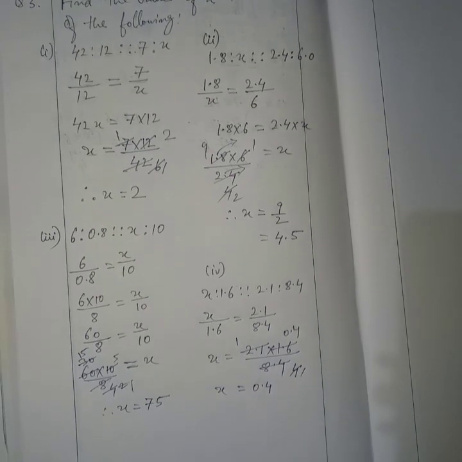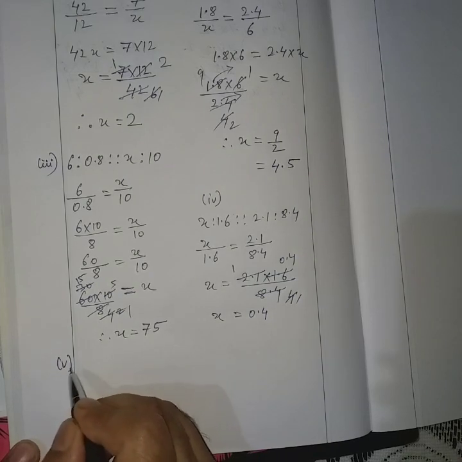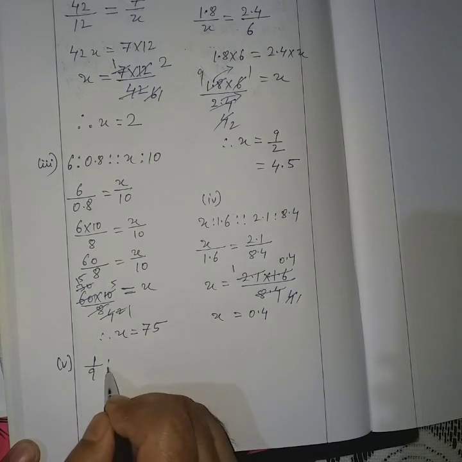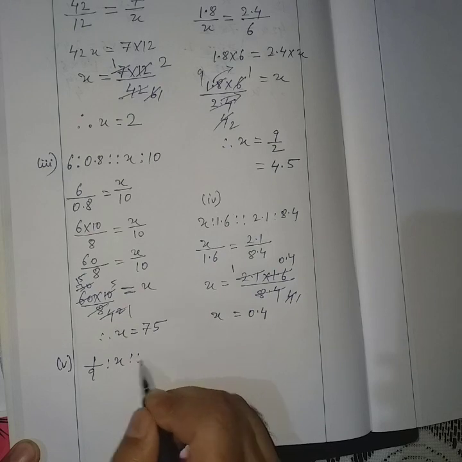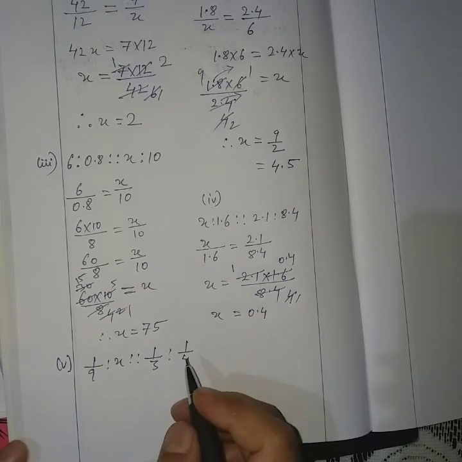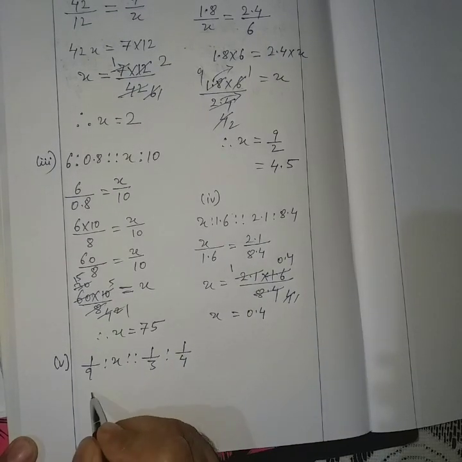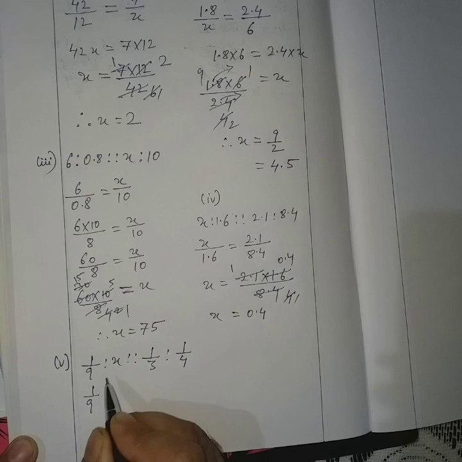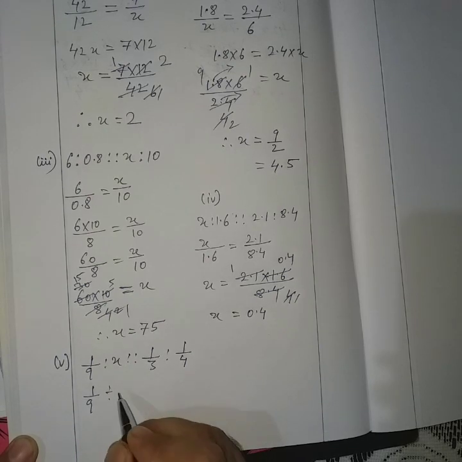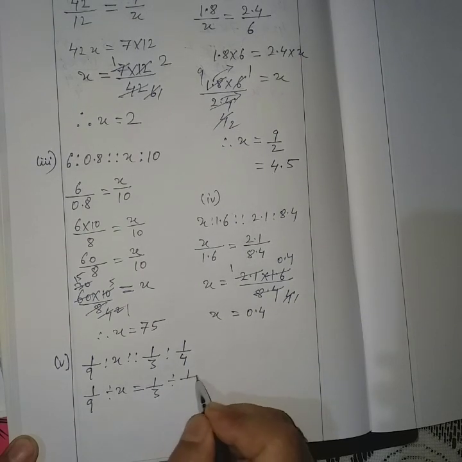Now number 5. 1 by 9 is to x is as 1 by 3 is to 1 by 4. Okay, 1 by 9 is to x, we can write as divide, is equal to 1 by 3 divided by 1 by 4.